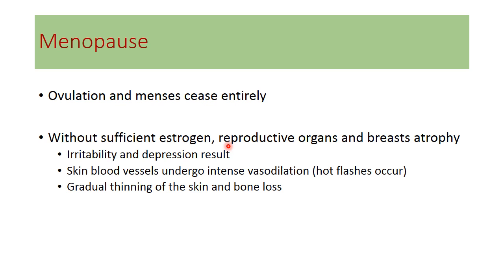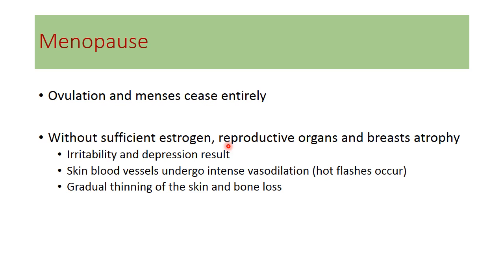When ovulation and menses cease entirely, the woman enters into menopause. There's typically a premenopausal period where the cycles will start to become intermittent, but it's not until these cycles stop totally that this is considered to be menopause.